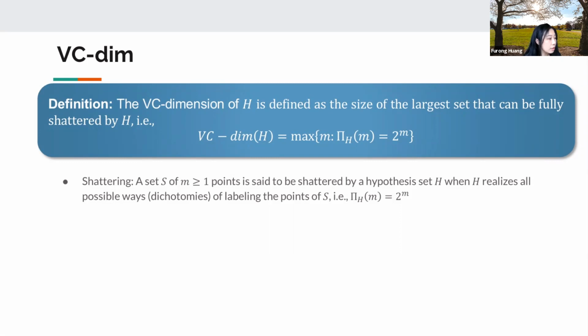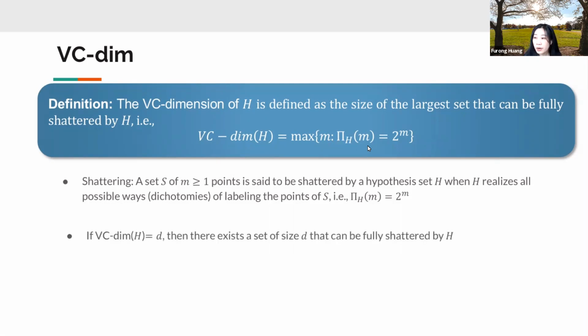As long as the growth function for M is equal to 2 to the M, then we can say it's fully shattered. Now what is the definition of the VC dimension? It's the maximal M such that Pi H of M equals 2 to the M. This might be a little bit confusing, but very importantly, if the VC dimension of H is D, then there exists a set of size D that can be fully shattered by H. The existence is very important.